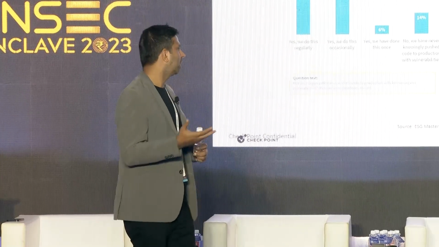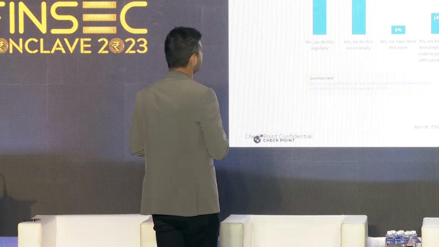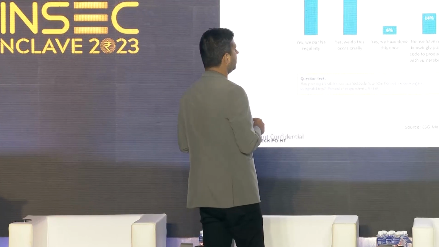But still they are taking this call to push code with a known vulnerability onto the internet for their customers. And sometimes these vulnerabilities were discovered too late in the cycle.